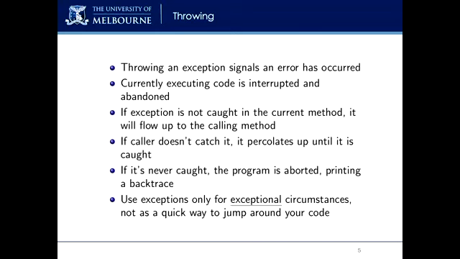So you're writing code that you know may fail, but you don't want to deal with it. So you throw an error, and it returns the error to the calling class, and it will keep following. If that calling class hasn't dealt with the error, it will call the next class above it, and it will follow the chain all the way up to the main method to try and solve that error.